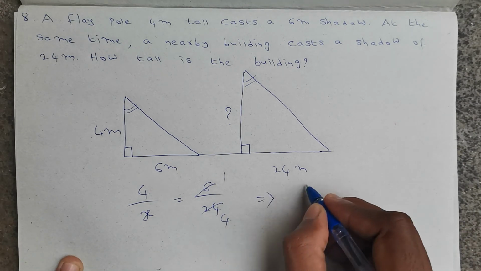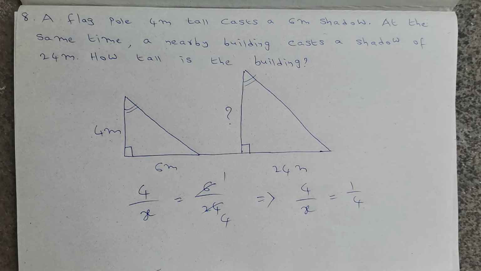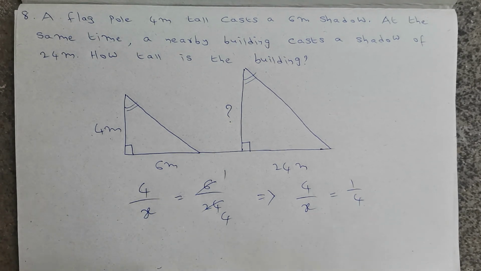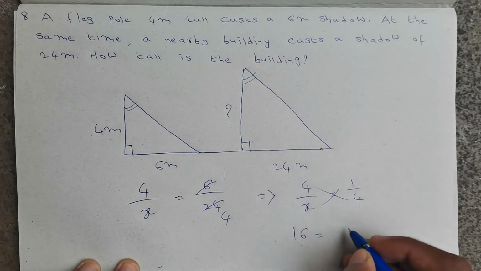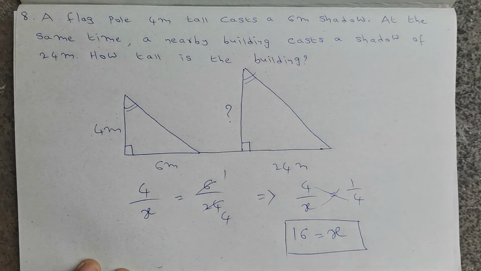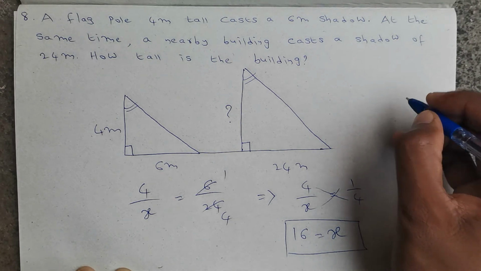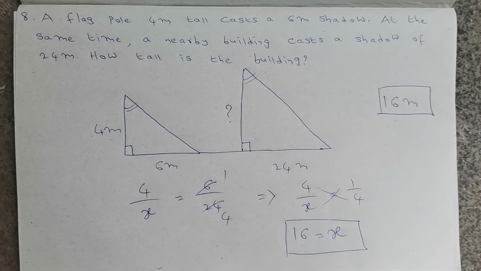So we will get 4 divided by x is equals to 1 by 4. If we do cross multiplication, 4 into 4, 16 is equals to x into 1, x. So height of the building is 16 and all the measurements are in meters. So height of the building is 16 meters.